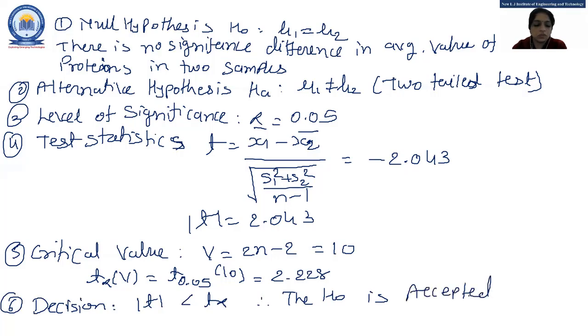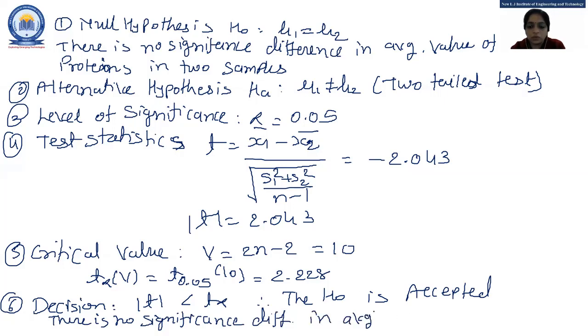As the null hypothesis is accepted, so there is no significant difference in average value of protein in the 2 samples, right?